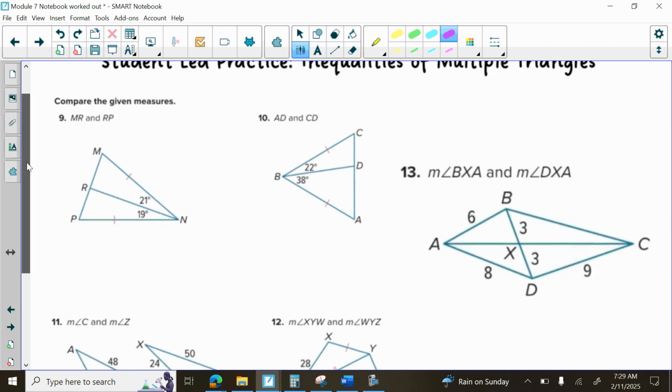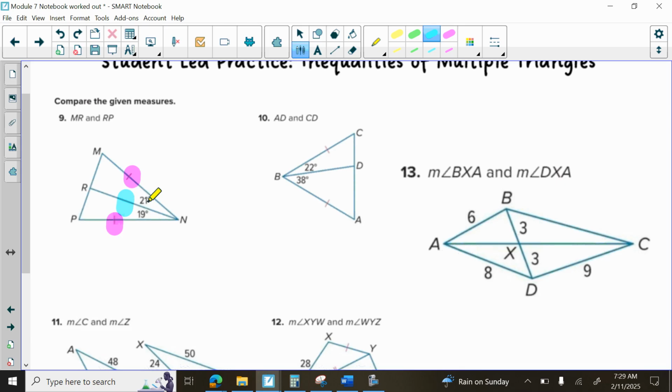So here, if you notice, MN is the same as PN, and RN is the same in both triangles. So we have those two situations where the two sides are the same, but the included angle is different. So what side is going to be bigger, MR or RP?